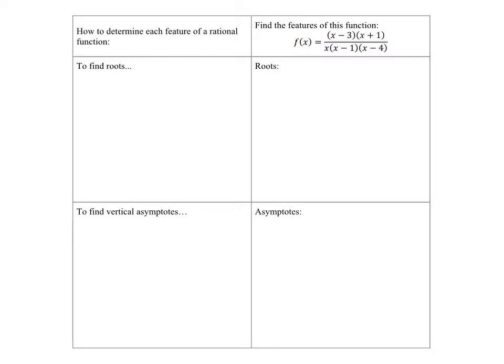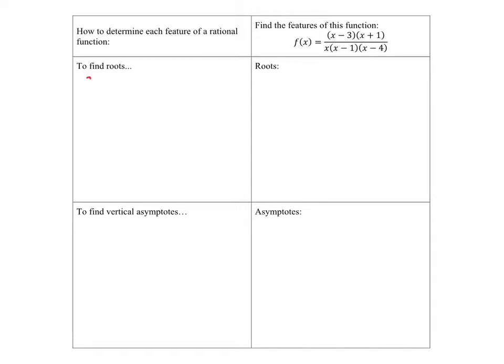So there's a couple features about a rational function that we're going to talk about right now. We're going to talk about roots and vertical asymptotes. When we did polynomial functions in Module 3, we found the roots by setting the function equal to 0. If I want to find the roots of a rational function, we're going to do the same thing, except the only thing we care about being equal to 0 is the top of the fraction, because the bottom of the fraction can never be equal to 0.